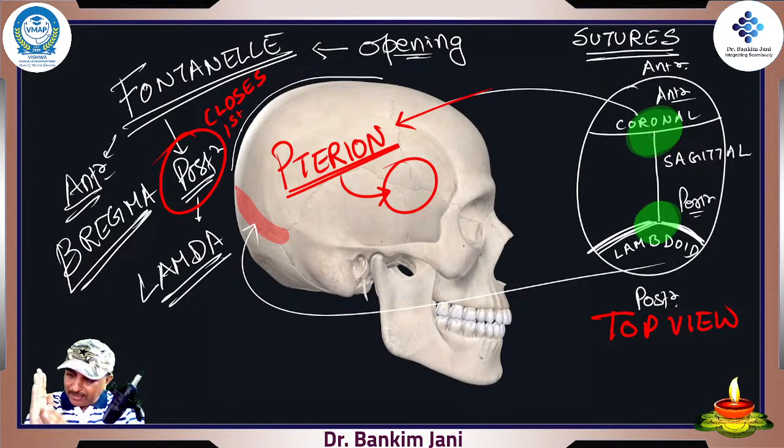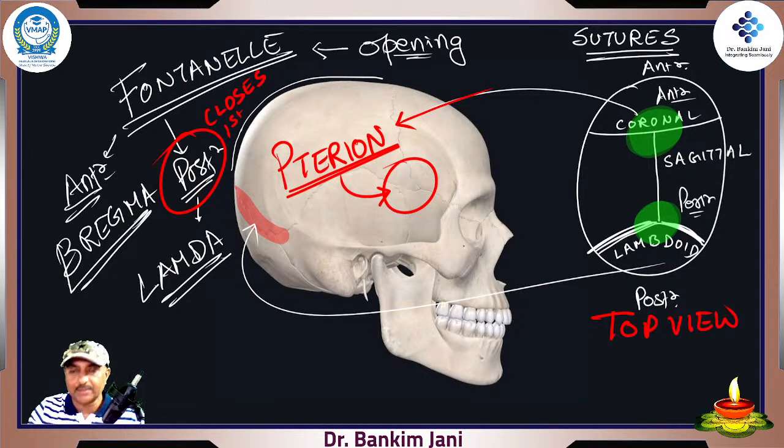Because that artery is embedded into the bone, when it breaks it won't get a chance to shrink. So it keeps on bleeding, and this can lead to death. Especially in football or any game, when things strike over here, you must have seen the medical person come immediately and ask, are you okay, are there any neurological symptoms?